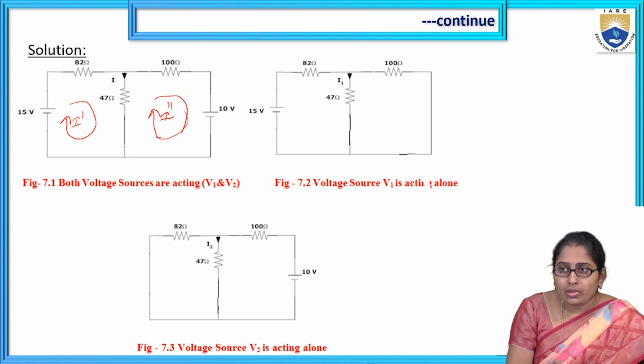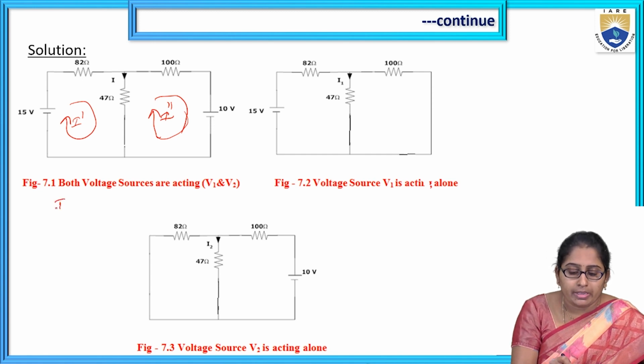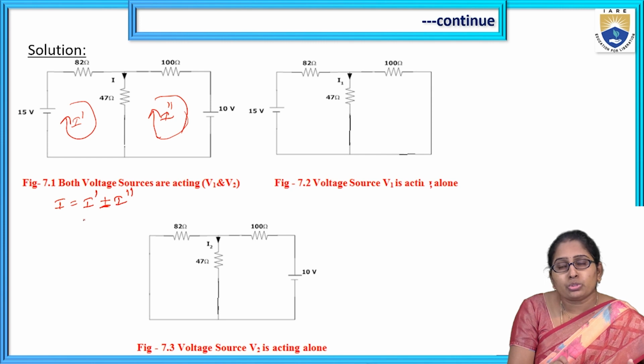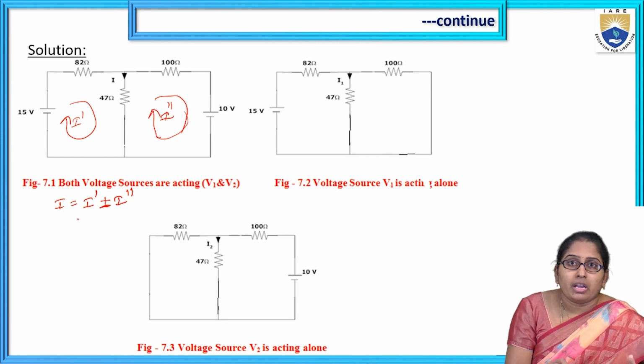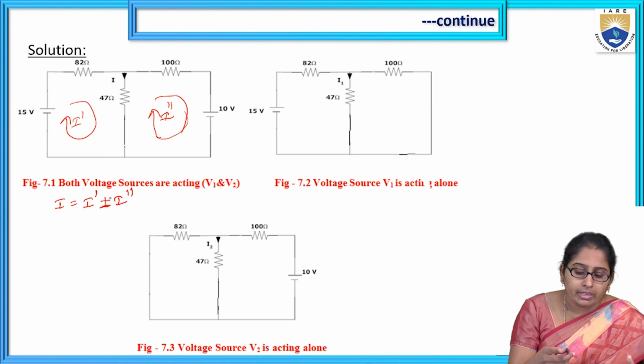After solving those equations, I get the I dash and I double dash values. From that, my I is given by I dash plus or minus I double dash. It depends on the directions of I dash and I double dash. It may be the sum or the difference of those two.